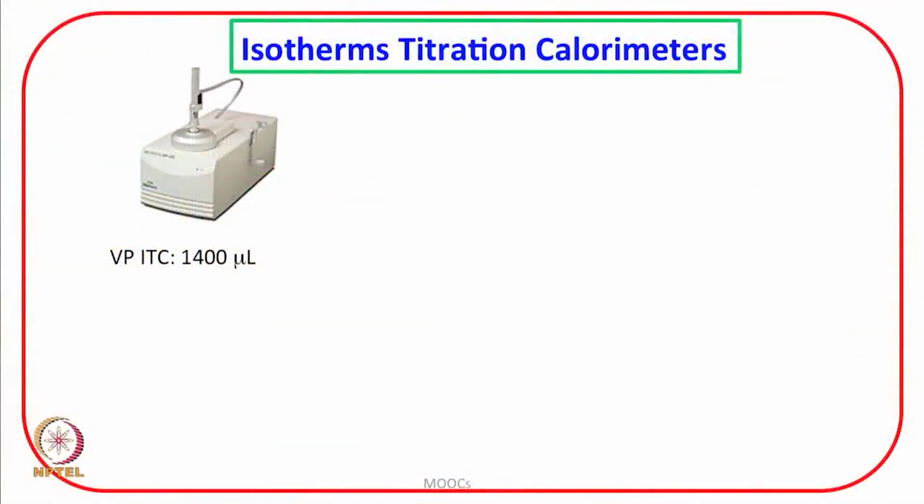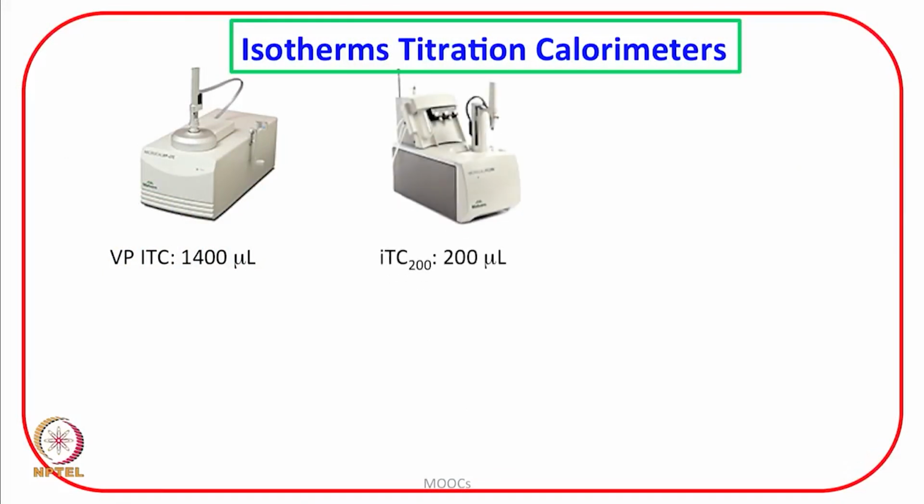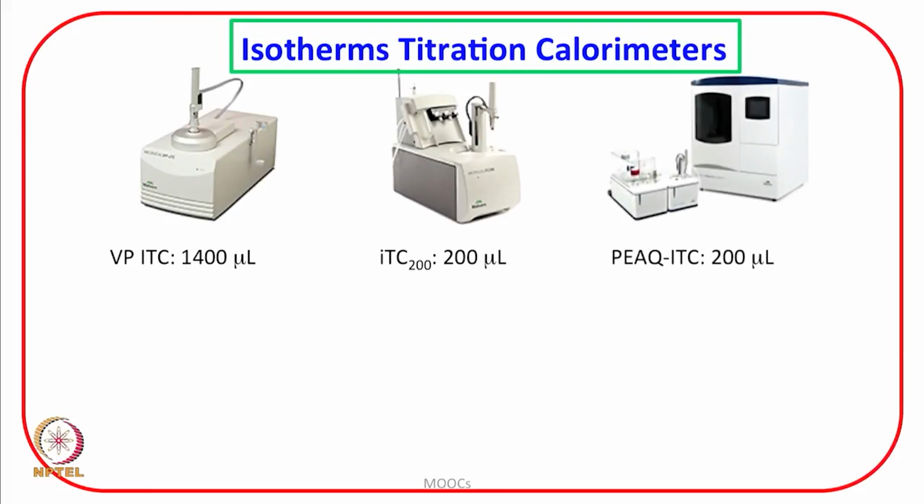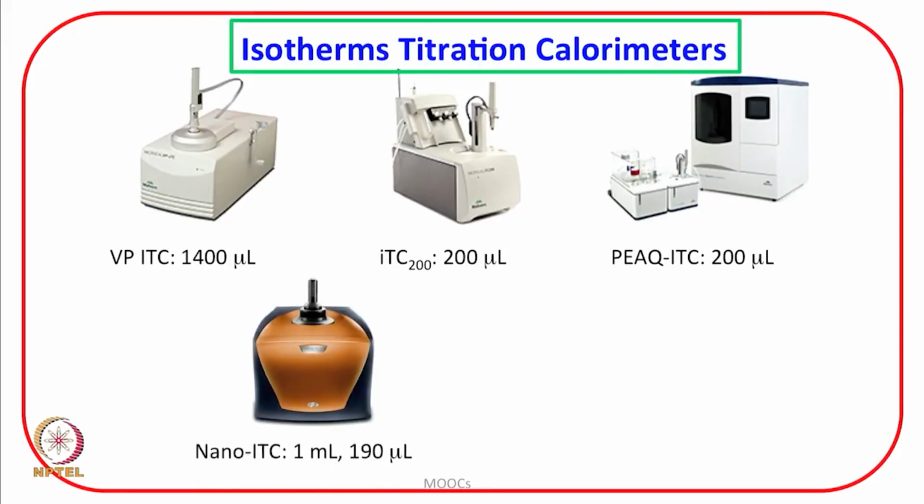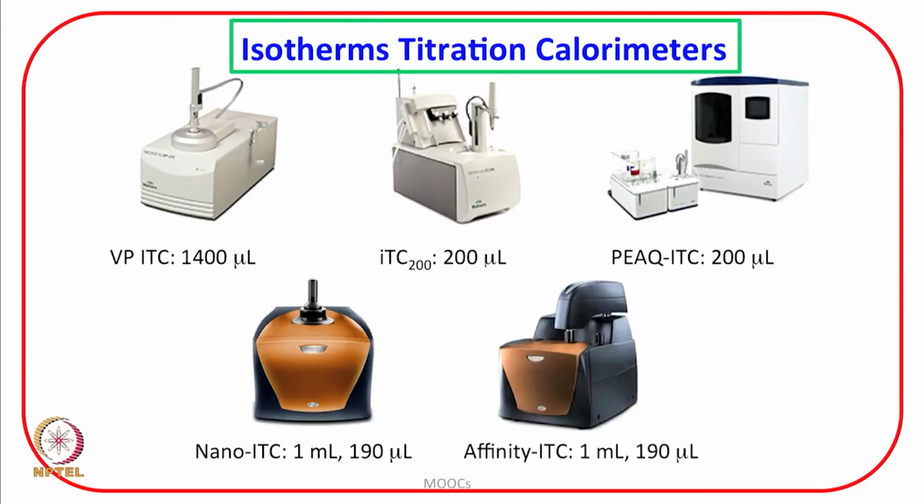VP ITC with a cell volume of 1.4 ml, ITC 200 with a cell volume of 200 microliter, PEAQ ITC which is an automated isothermal titration calorimeter with a volume of 200 microliter, Nano ITC with a volume of 1 ml or 190 microliter, both are available, and an automated Affinity ITC again with a volume of 1 ml or 190 microliter are available.